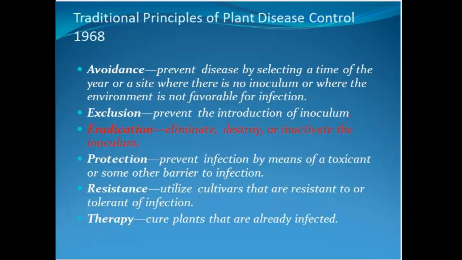And the last thing that we're going to finish up with today is eradication, which is to eliminate, destroy, or inactivate inoculum or disease organisms once they have become present in your high tunnel.